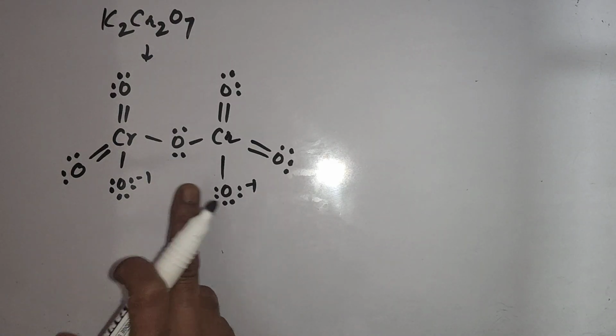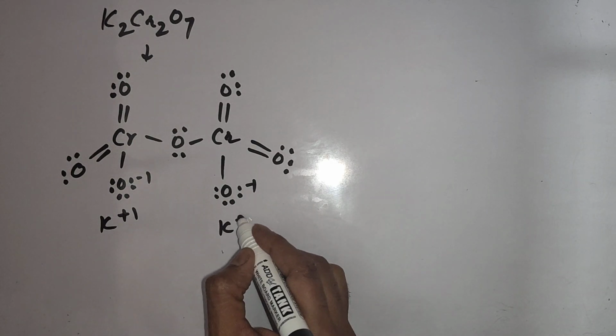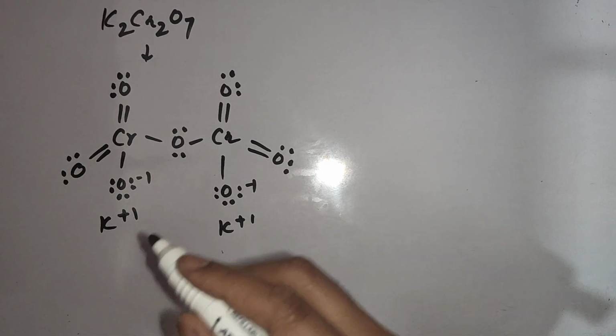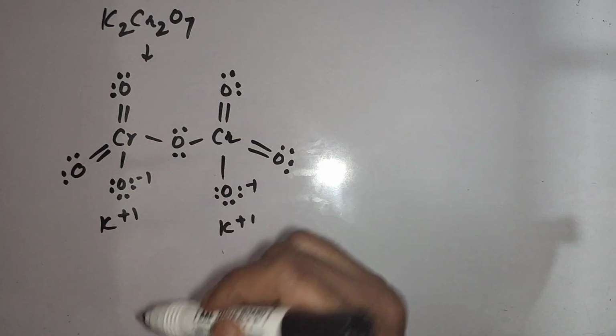The negative charge of two oxygens are balanced by potassiums. Potassium dichromate is an ionic compound. Potassium and dichromate ion are making an ionic bond.